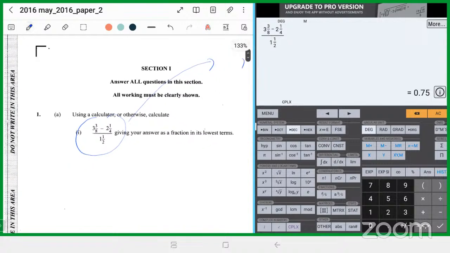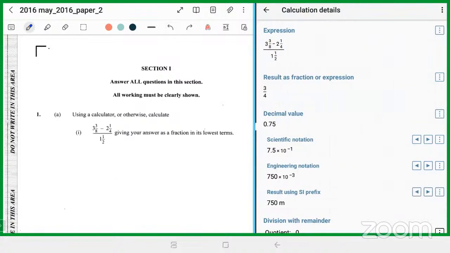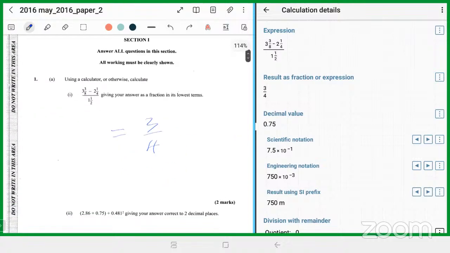But this question wants us to express our answer as a fraction in lowest terms. So 0.75 is 3/4. The question said using a calculator, so I'm going to do it like that. That's that, finished.